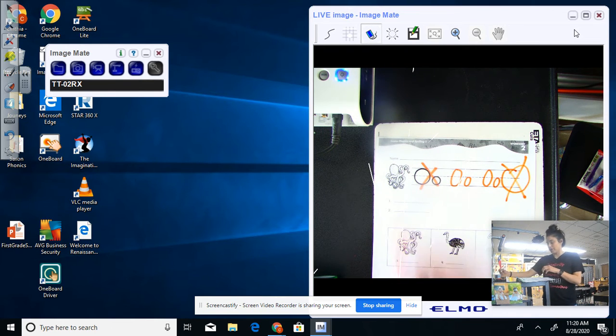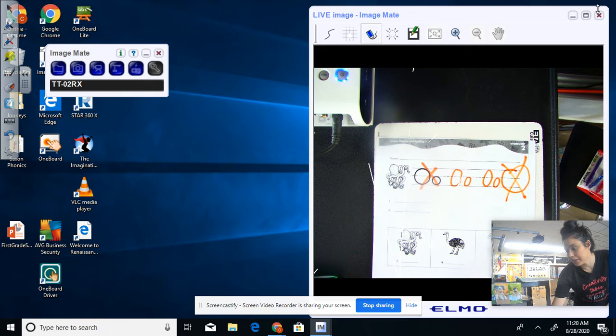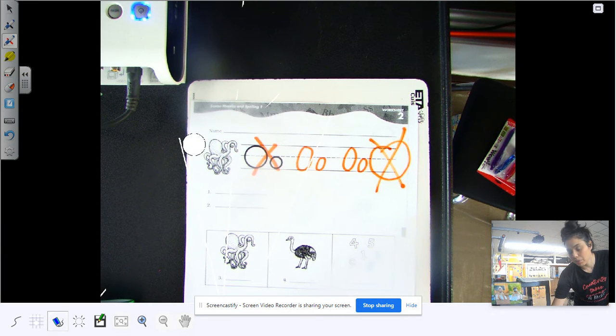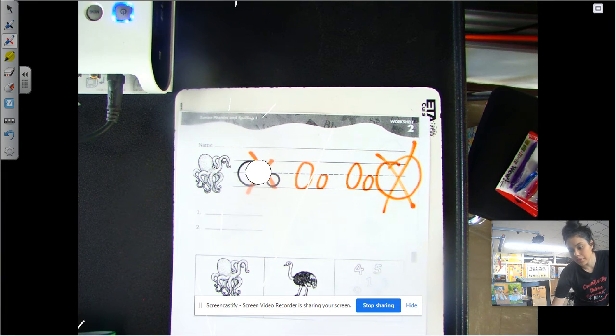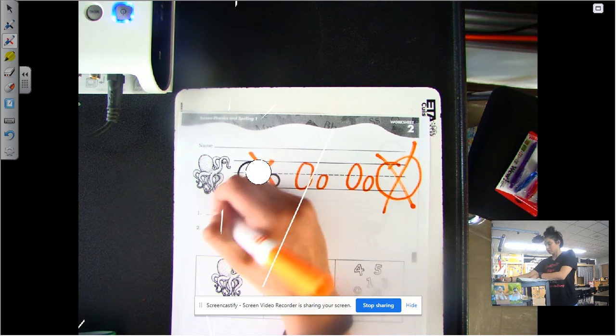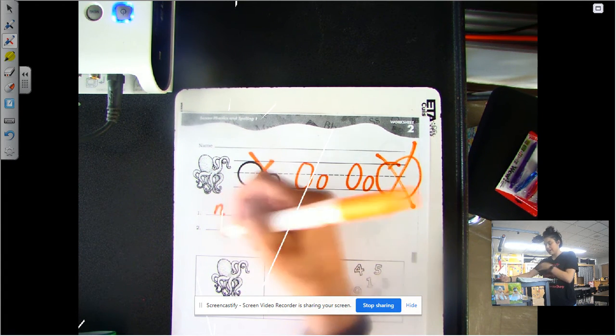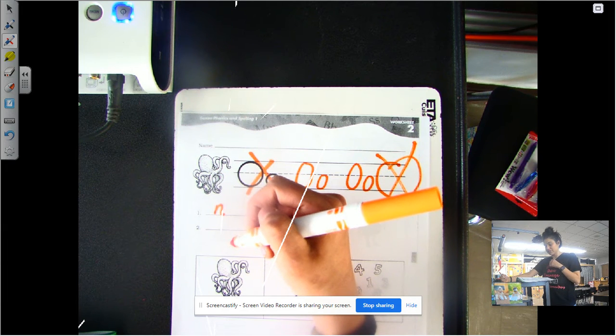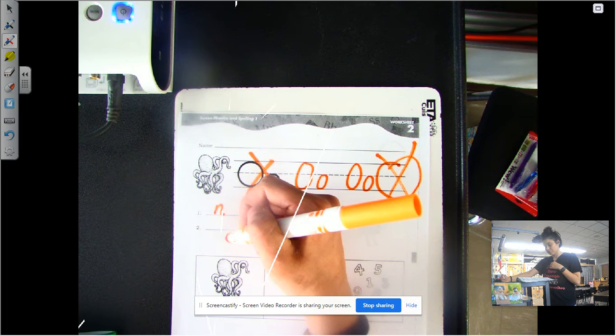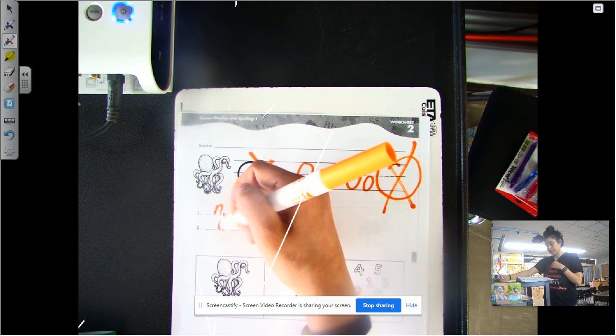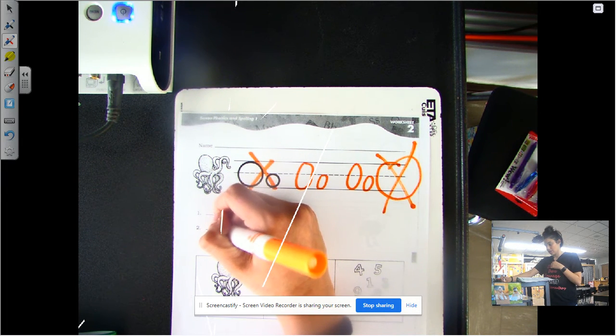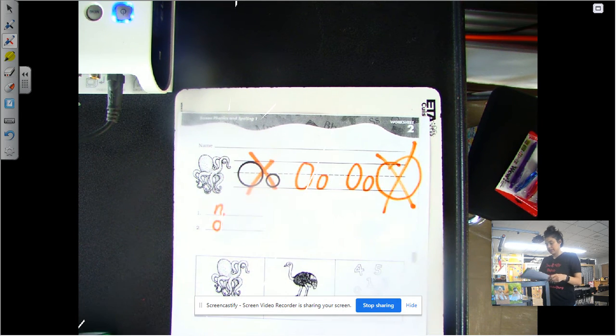That's right. On number 1, you're going to write the letter N, lowercase. And then ah. What letter did we just learn that says ah? Okay.